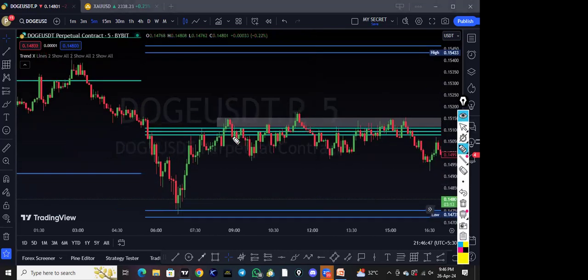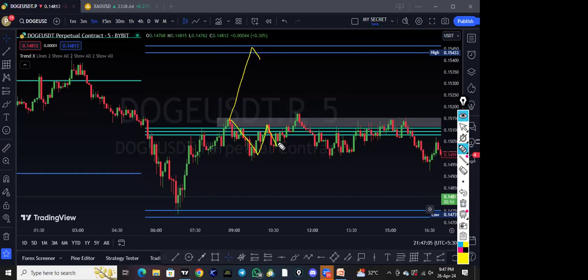So what will happen when it crosses this? What I will be thinking: okay, the market is going here, no problem, I look for a short from here. But when it starts ranging, we will come to know that the market is going to be in range today.